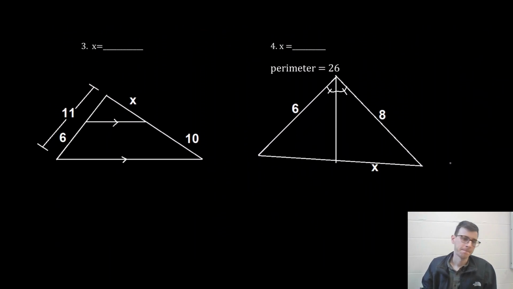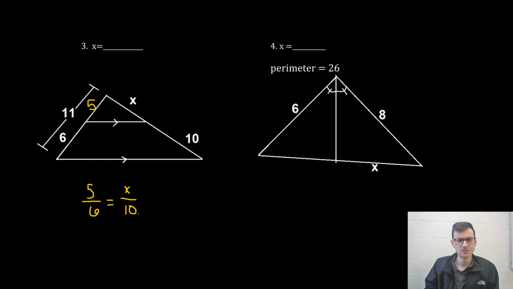Okay. Let's look here. I have number 11. Oh, that's very kind of this problem to give me right off the bat that I know that this is 5. Could it be that easy? 5 over 6 equals x over 10? I guess it is.